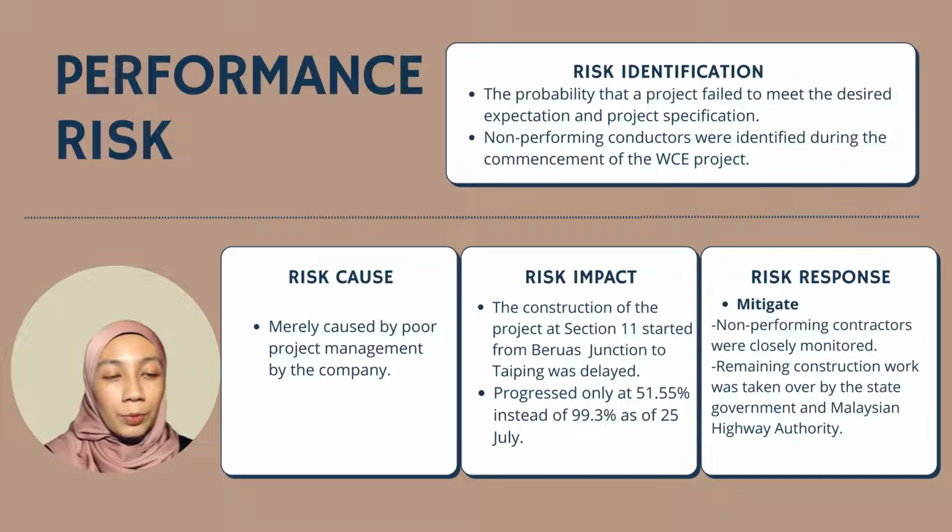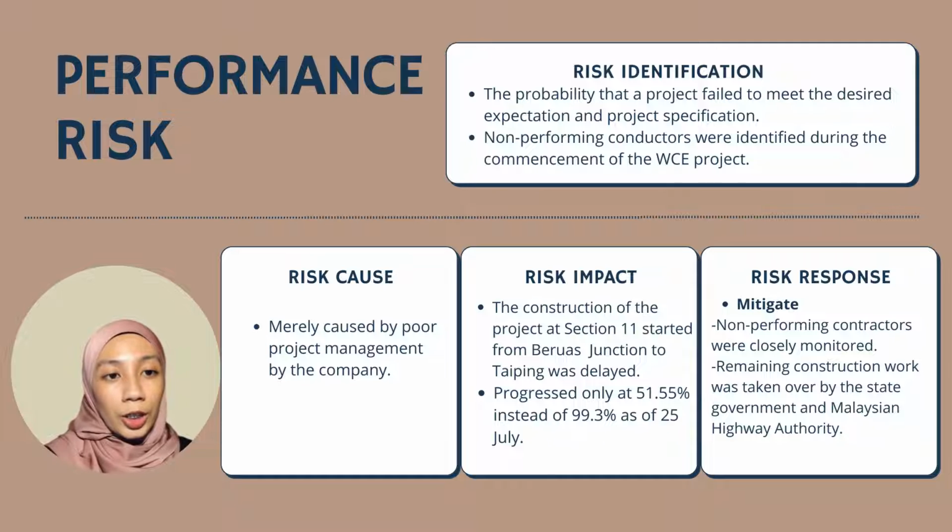So the first risk is performance risk, which is concerned with the probability that a project fails to meet the desired expectation and project specification. During the construction of the project, the management identified an underperforming main contractor, KEB Builders Sdn Berhad, that jeopardized the performance of the project. It was caused by poor project management by the company itself, when they overlooked the importance of awarding contracts to contractors that could maintain compliance with the engineering, procurement and construction contracts, EPCC.